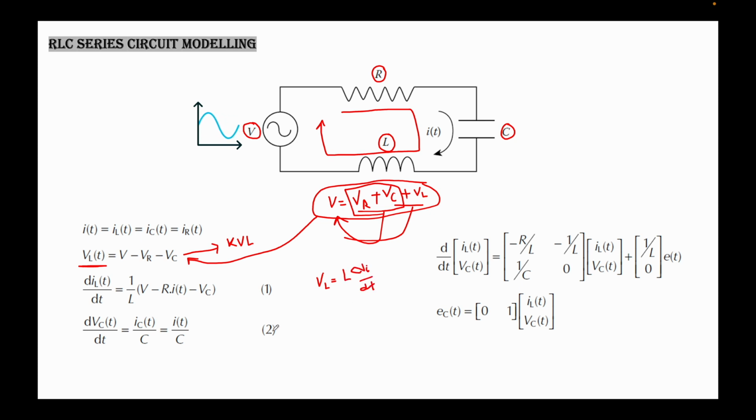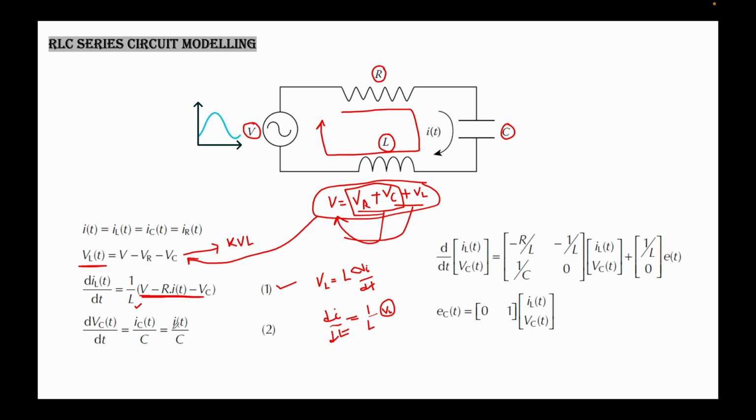As it is L di by dt, we can make it di by dt equal to 1 by L into V. This part is representing the voltage across the inductor, and this is 1 by L. That is how we form equation 1.